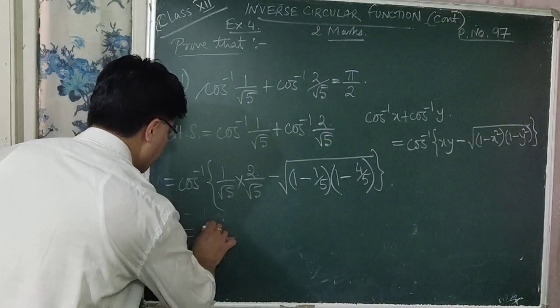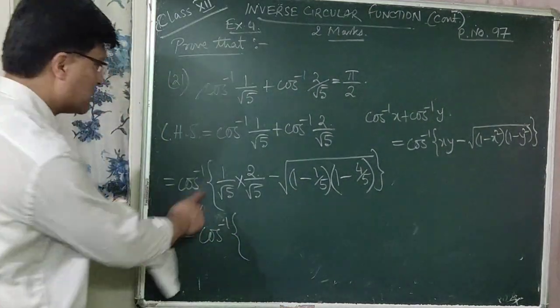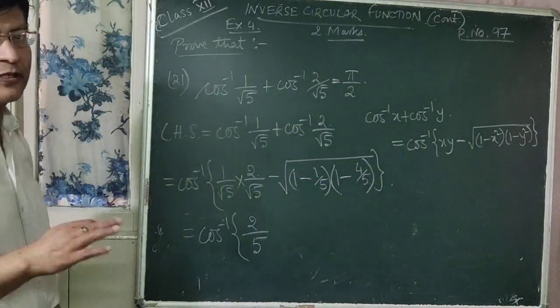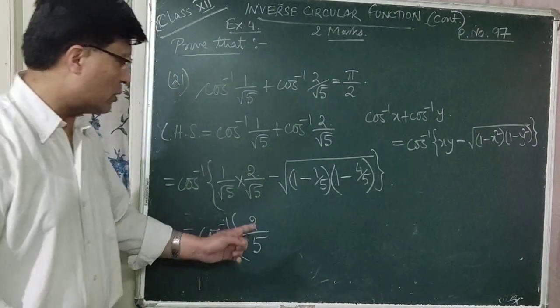So it is equal to cos inverse within second bracket. Now let us write, 2 ones are 2 divided by root 5 into root 5, which is root over 25, equal to 5.